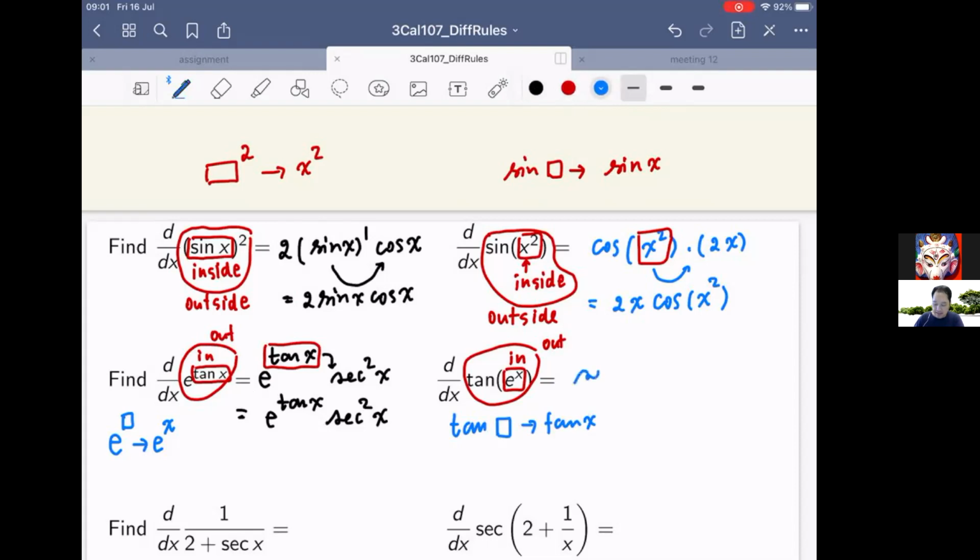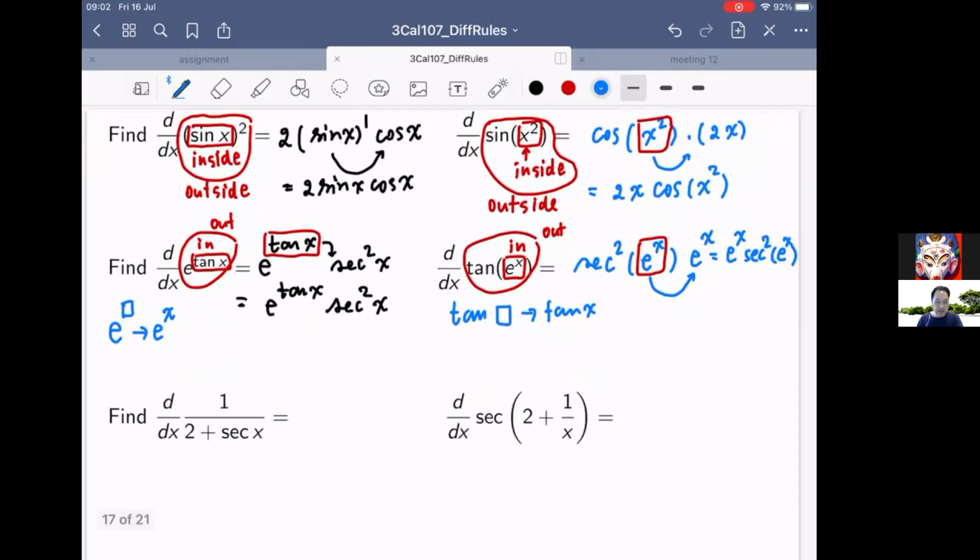It becomes secant squared of the inside function. And then you find the derivative of the one inside, which is the derivative of e to the x. It becomes e to the x again. Usually we just write it as e to the x times secant squared of e to the x.